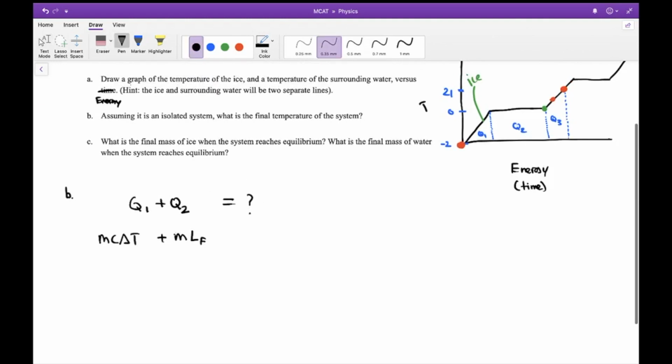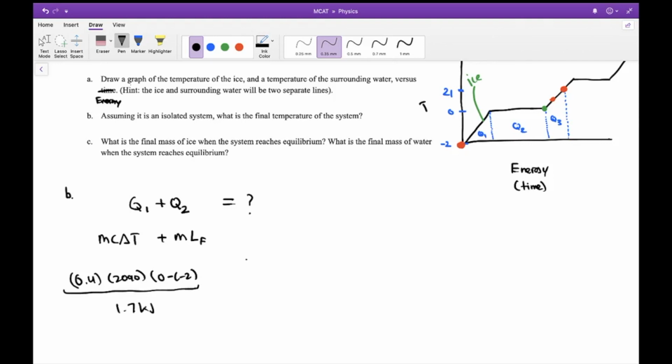Okay, so for that part, I already have the values over here. It should be 0.4 times 2090 times 0 minus -2, so 0 plus 2, aka 2. This gives us a value of 1.7 kilojoules.